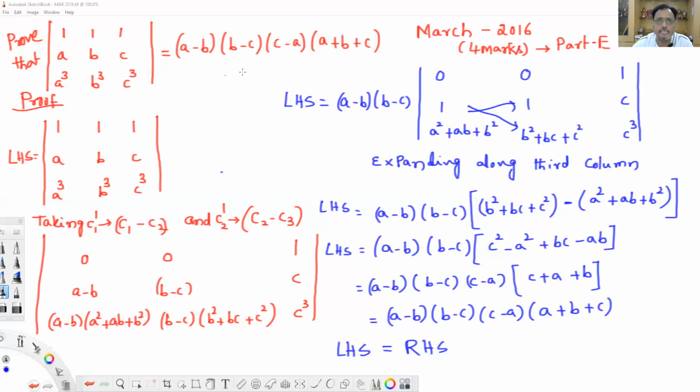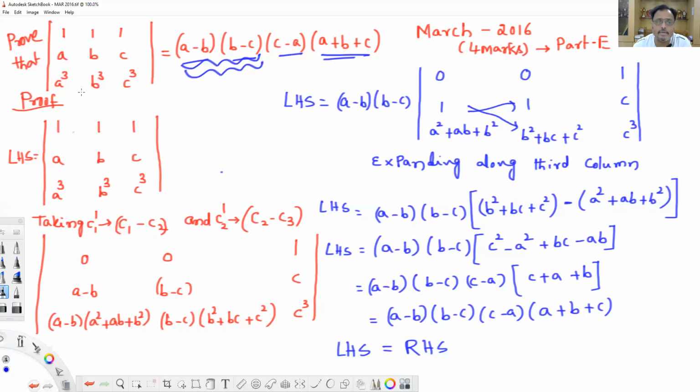The first method. This is the left hand side: 1, 1, 1; A, B, C; A cube, B cube, C cube. Here is the answer, A minus B, B minus C, C minus A, A plus B plus C. The RHS has 4 factors, and at least 2 should come out as a common factor.